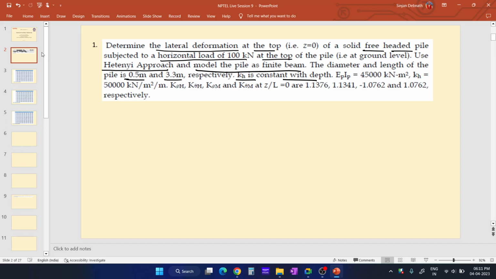It is 45,000 kilonewton meter square, and the value of Kh is 50,000 kilonewton per meter square per meter. All the other coefficients at z by L equal to 0 are given, where z is the depth from the ground surface and L is the length of the pile. They can also be determined using a chart, which I will show later on.